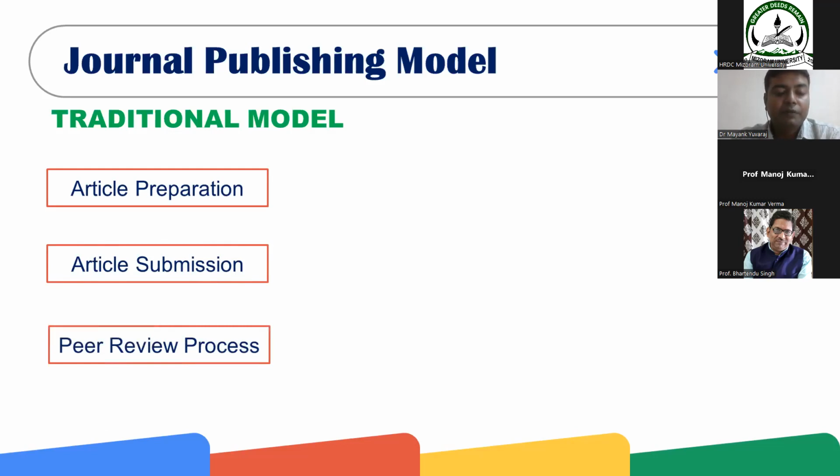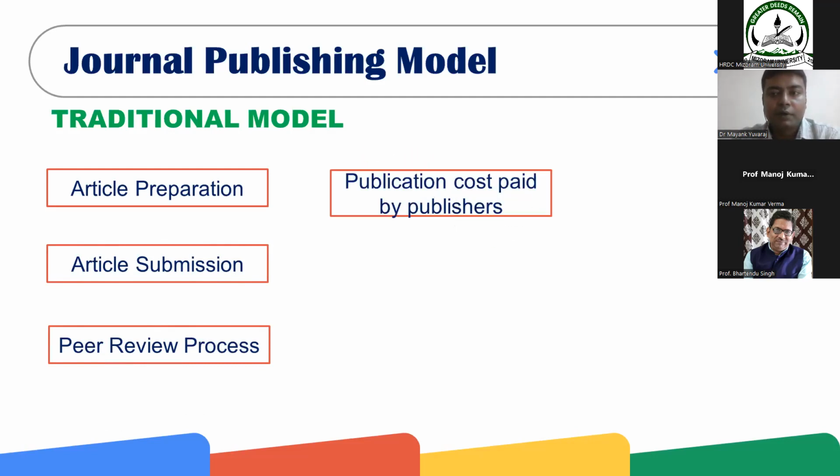After the submission of the paper, the peer review process starts, where the article is reviewed by one or two reviewers and they give their comments. And after the peer review process, there is a publication cost. This publication cost is required for producing the journal.